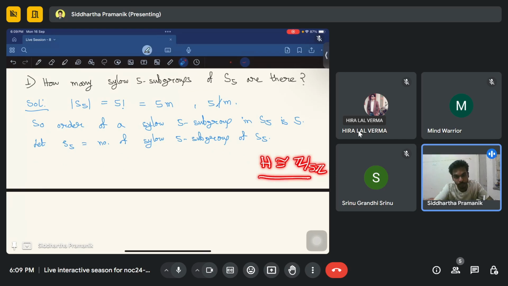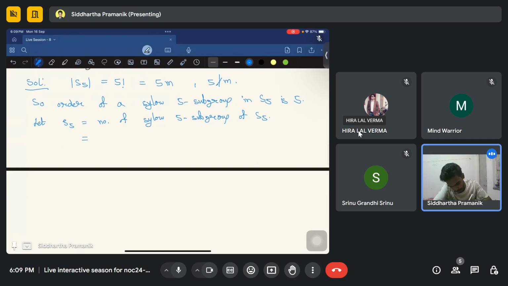So this is the number of subgroups of order 5 of S5.